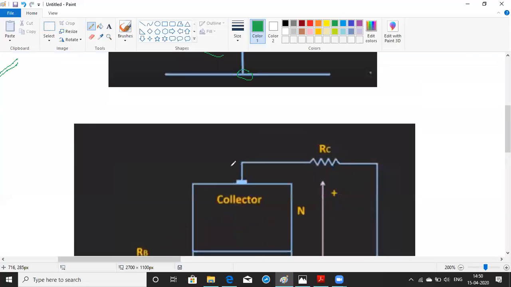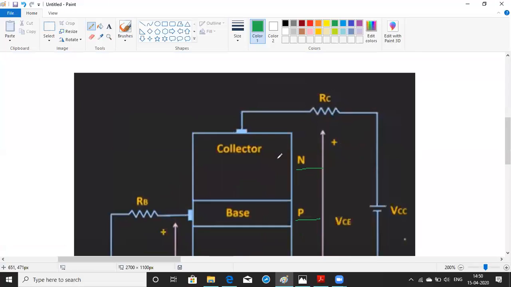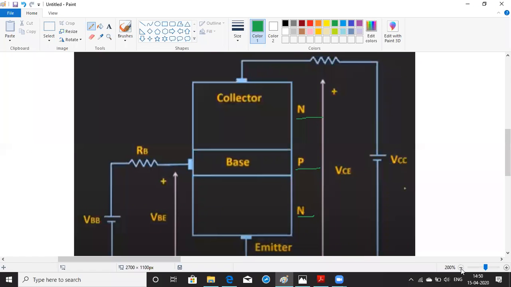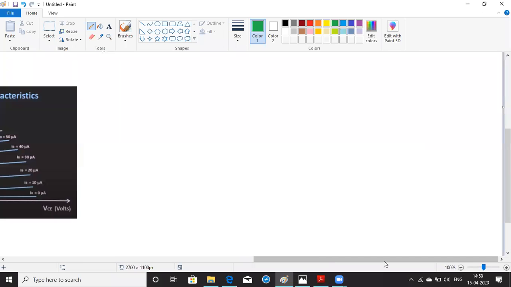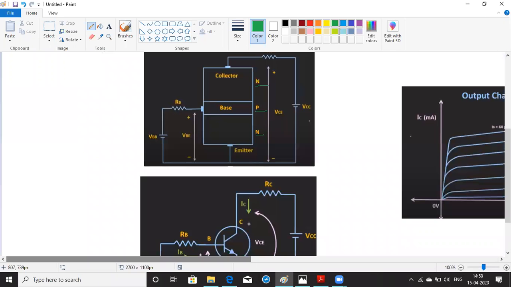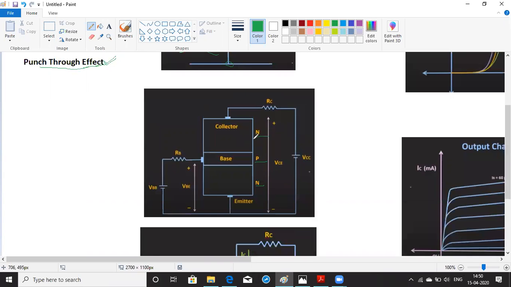This is an NPN transistor, and I have drawn it in this diagram. For this NPN transistor, we have a collector voltage and also a base voltage.